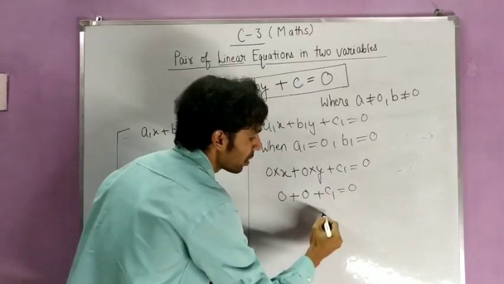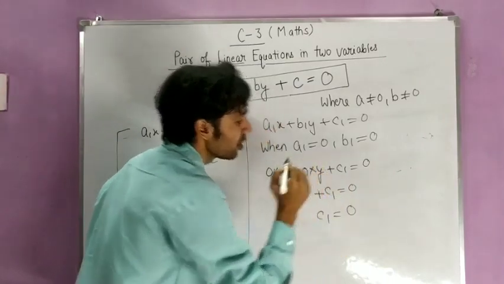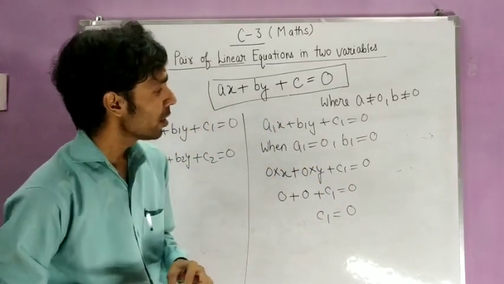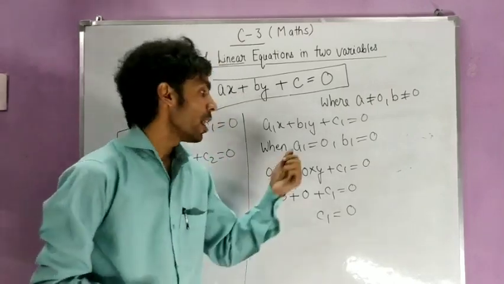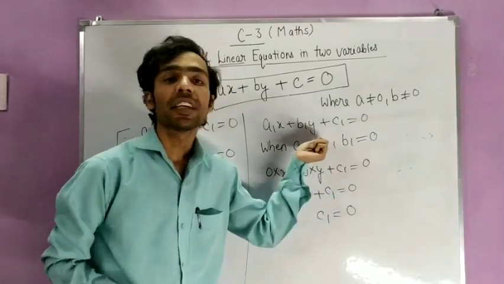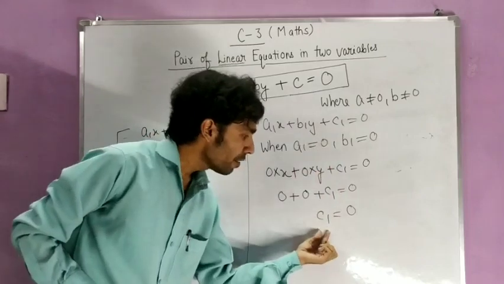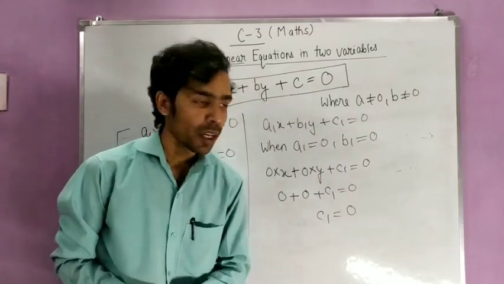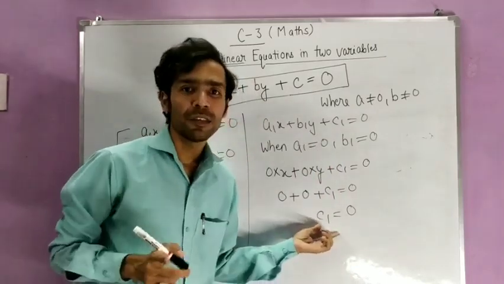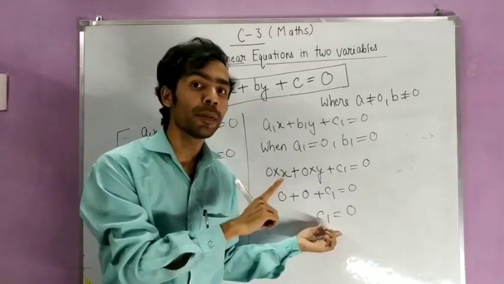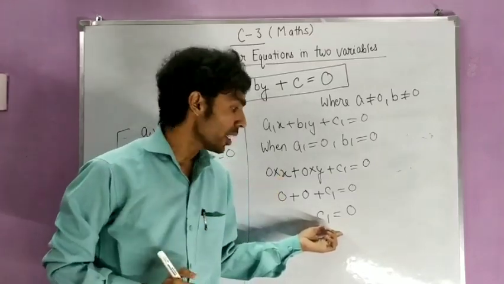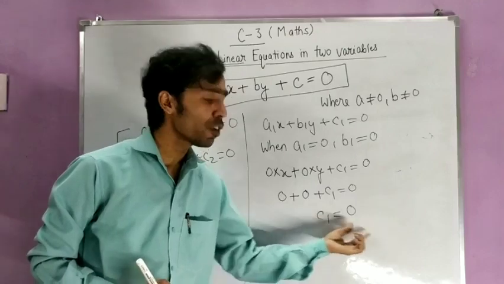Now what will be left? c1 equal to 0. Now see students, when I have put the value of a1 and b1 as 0 in the given equation, I got c1 equal to 0. Okay, and c1 was a number, it was a constant, it was not a variable. So see, c1 equal to 0.